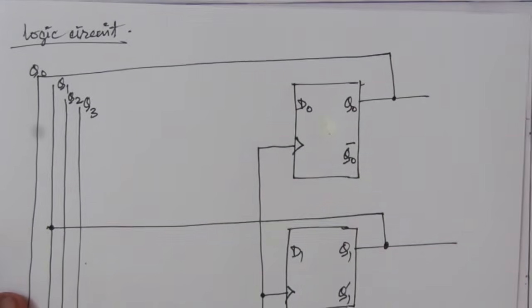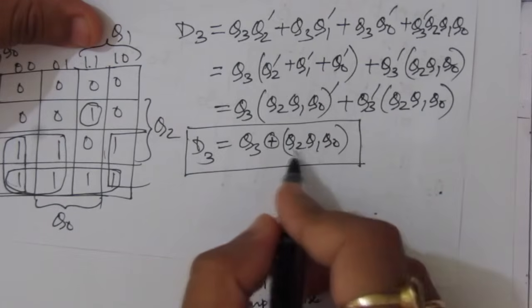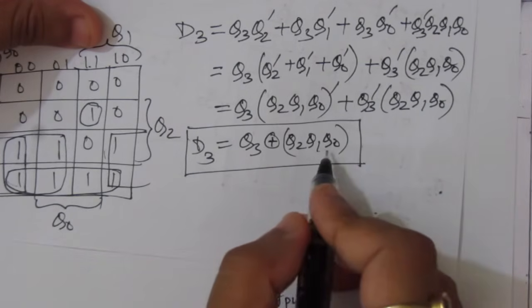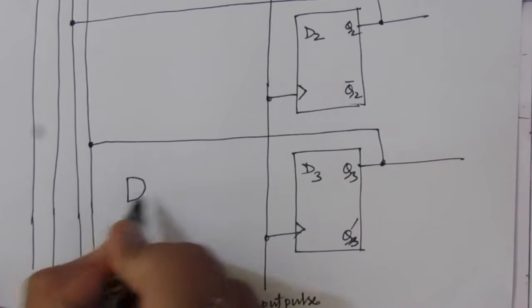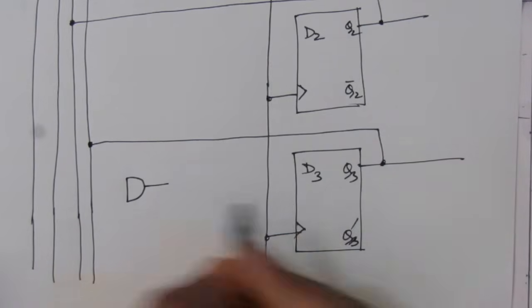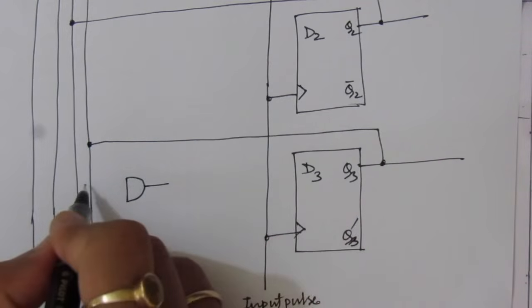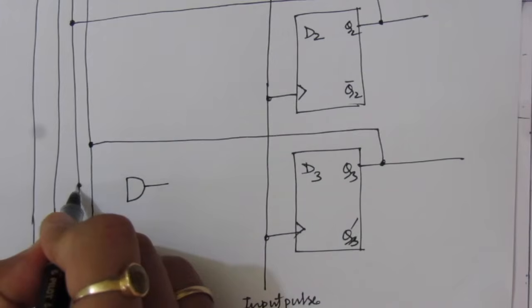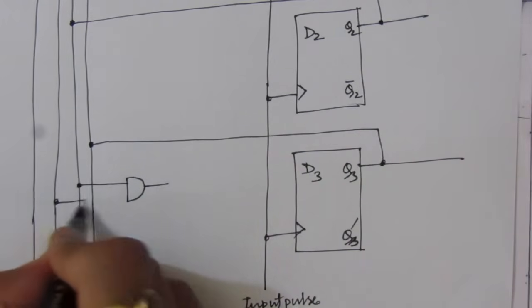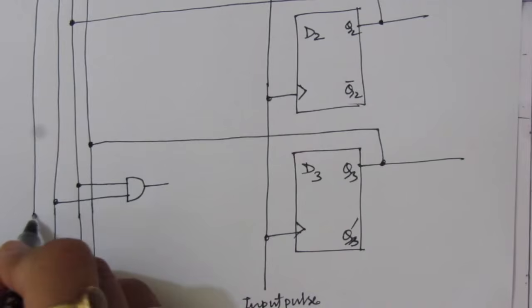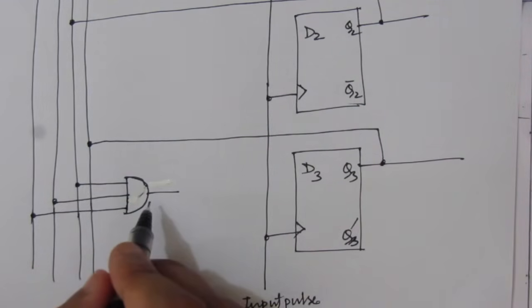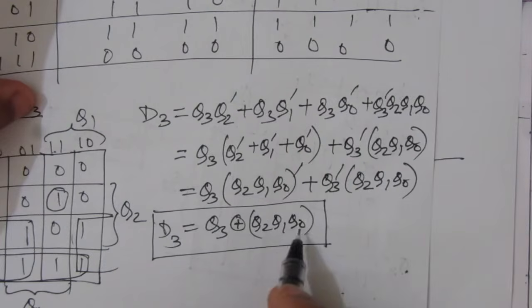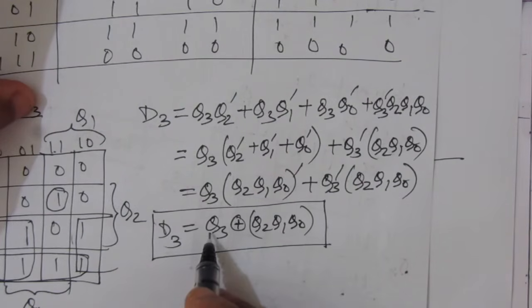Now let us find the inputs. For D3 we have Q2, Q1, Q0 with multiplication, that is, we have to use the AND gate now. A 3-input AND gate, so the inputs will be Q2, Q1, Q0. Take a line from Q2, Q1, and Q0. After this AND operation we have to do the XOR operation with Q3.